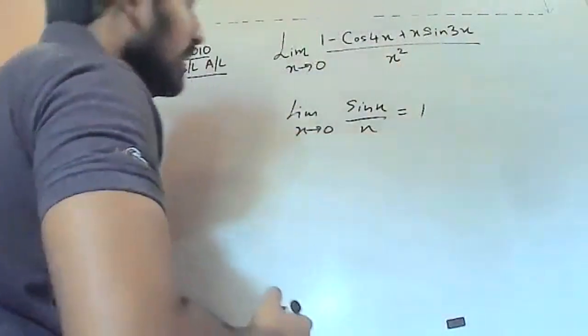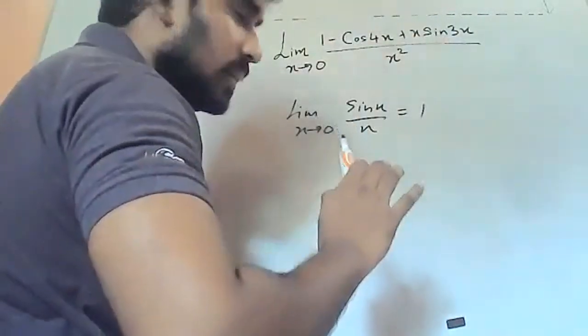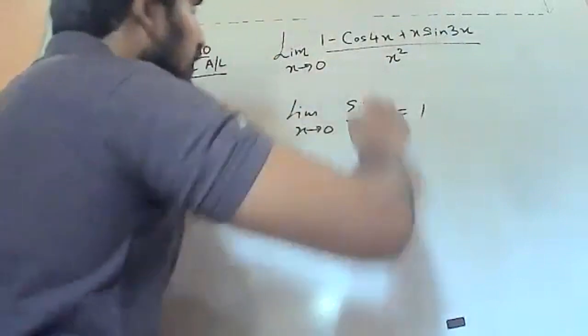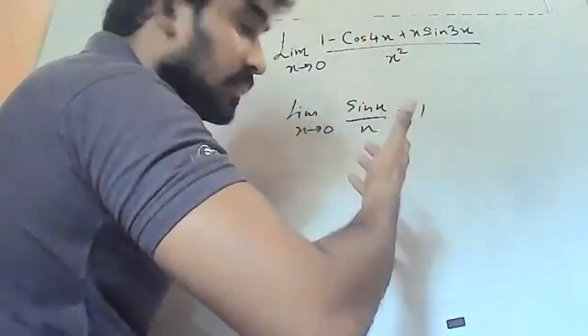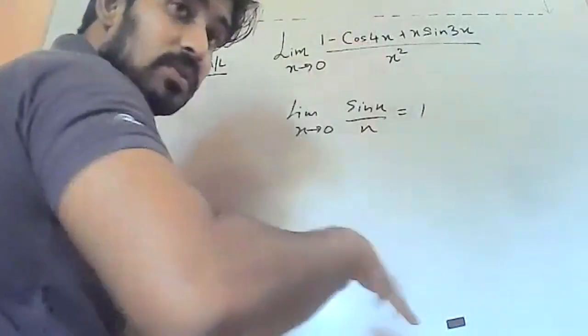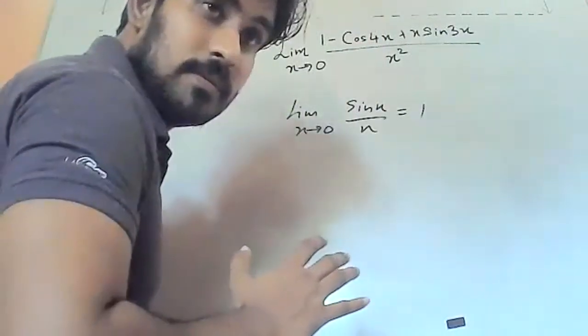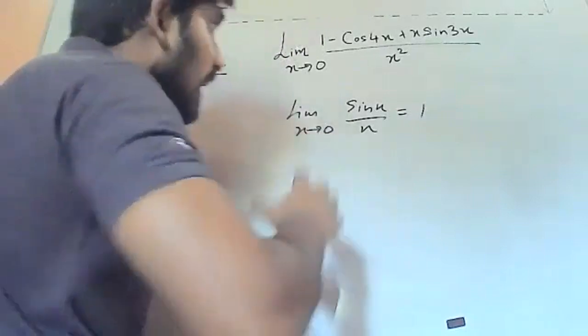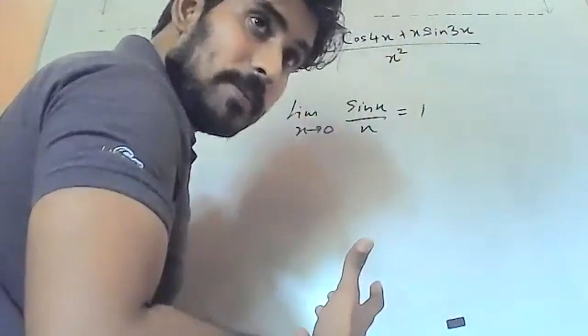You can use the sin term, but there is no formula given for cos 4x. So there should be a way to convert this cos term into a sin term and then embed this formula into it. You have to use this formula throughout the solution. So that is the way.